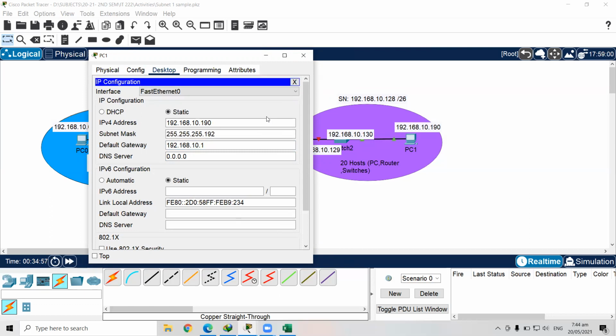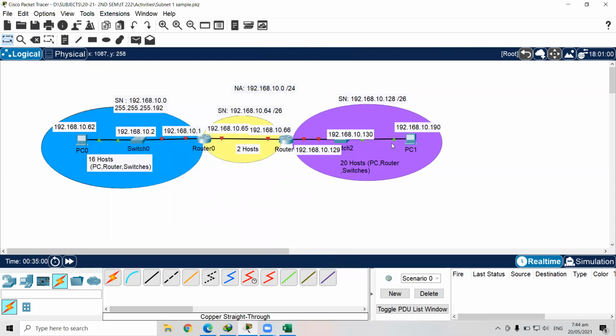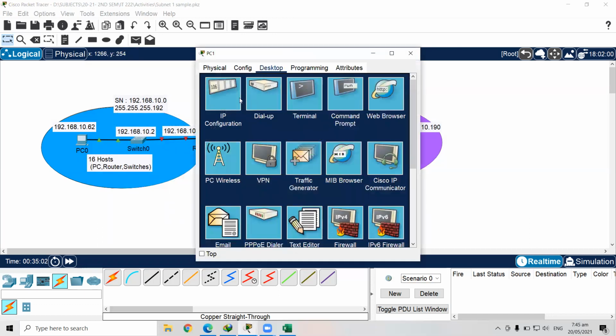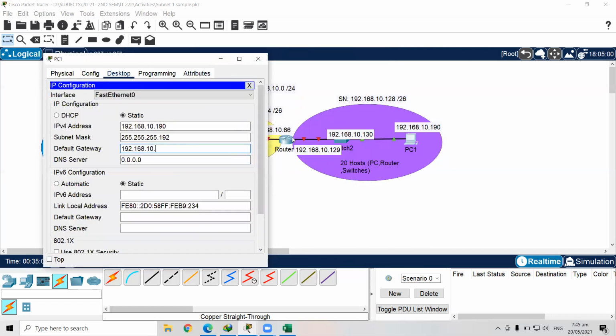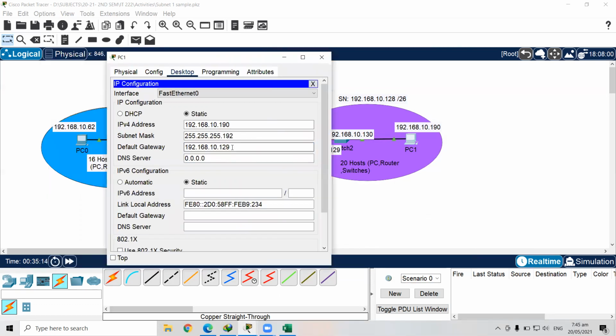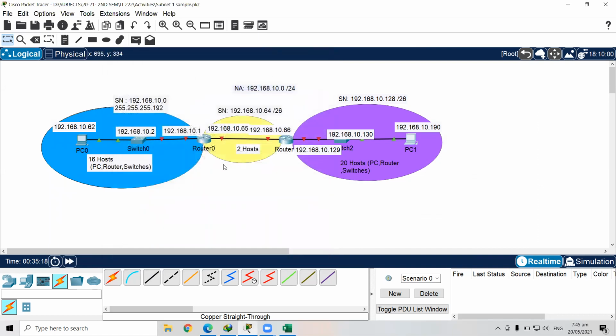Check ko lang ulit kasi mali yung sa gateway dito. Yung gateway dapat dito is saan siya na network connected? So, sa 129. Okay. So, next naman is router.